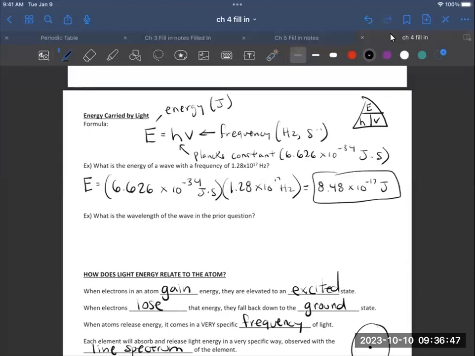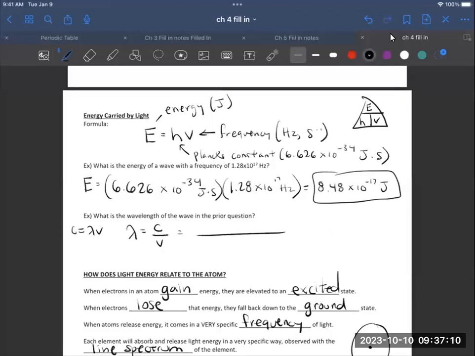Then the question is, what's the wavelength of the wave in the previous question? That goes back to our previous formula, c equals lambda nu. If we're solving for wavelength, we're going to be doing wavelength equals speed of light divided by frequency.